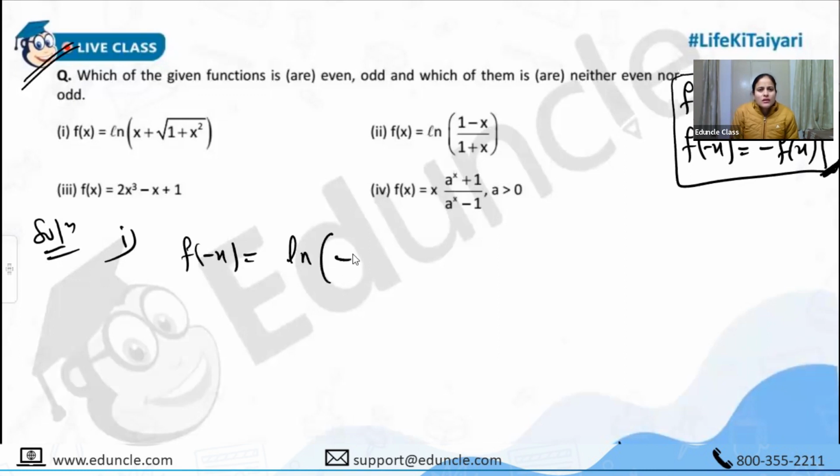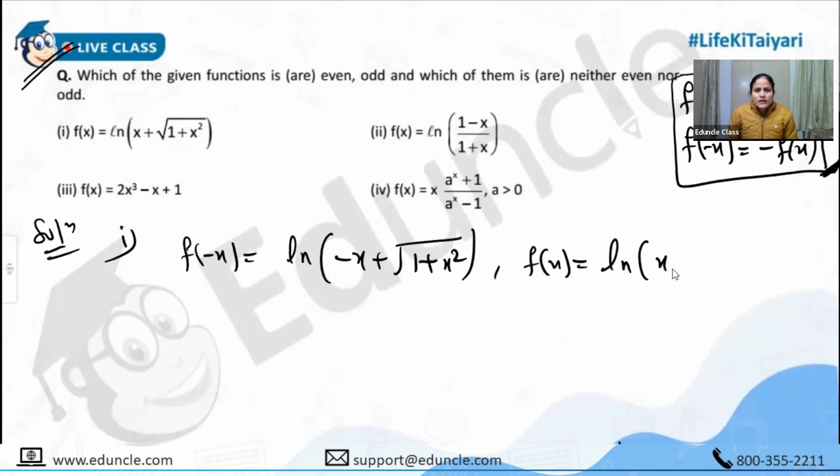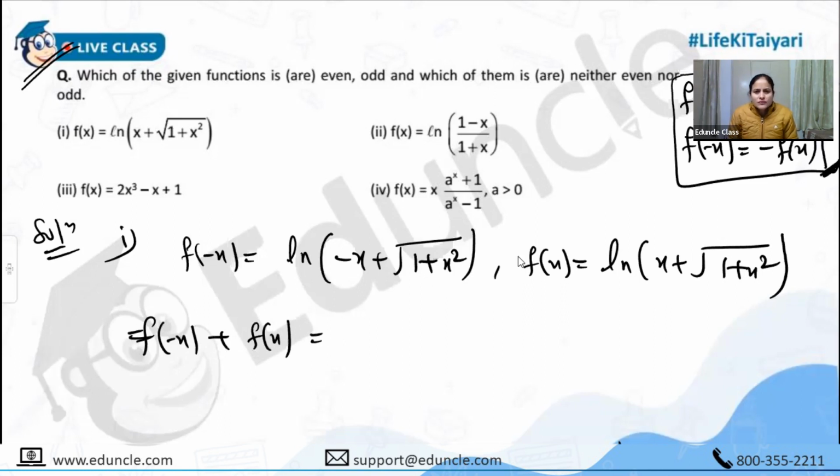So ln of minus x plus square root of 1 plus minus x square, that is x square. And here f of x is the same: ln of x plus square root of 1 plus x square. So I can take f at minus x plus f of x, that is, the addition of this and this. ln of ab is nothing but ln of a plus ln of b. So this can be written as this into this, that is minus x square plus 1 plus x square.